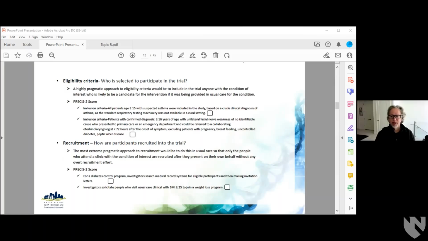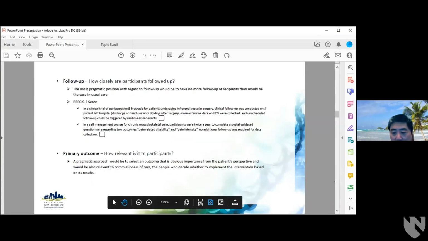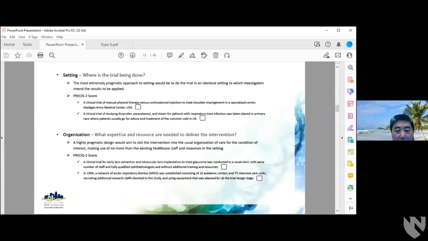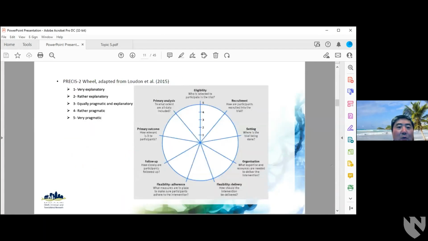So 1 is very explanatory RCT, 2 is rather explanatory RCT, 3 is somewhere between explanatory and pragmatic RCT, and 5 is very pragmatic RCT in that particular domain.